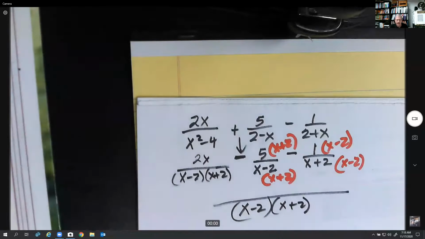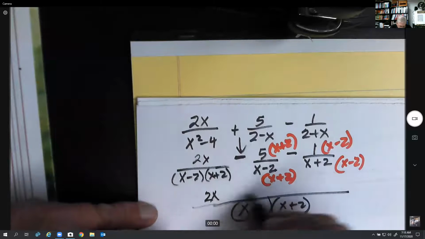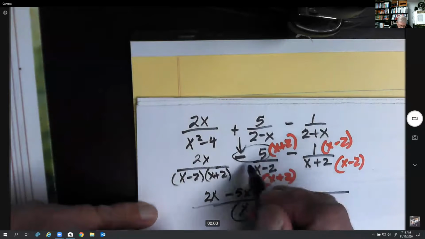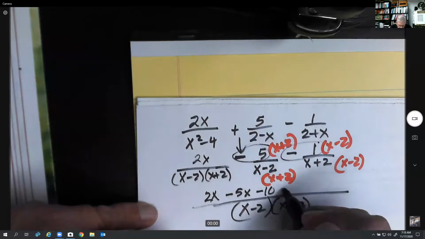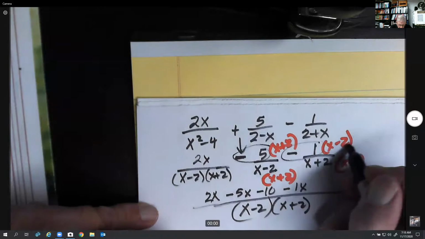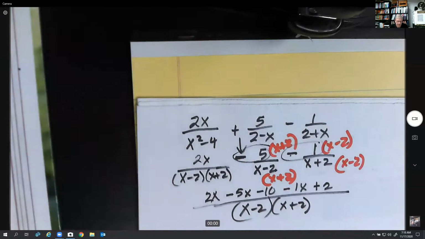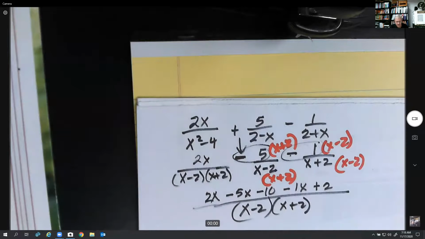Now I'm just going to go ahead and calculate my numerator. 2x minus 5 times 5x minus, I'm taking the negative with the 5, minus 10. Same thing here, minus 1 times x plus 2. Negative times negative. So I'm distributing this negative 1 to all the terms.